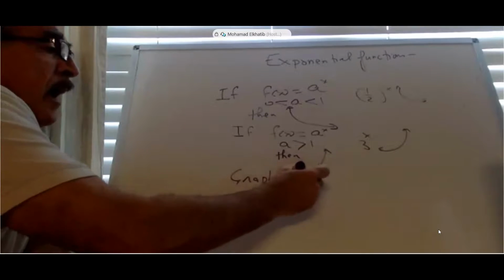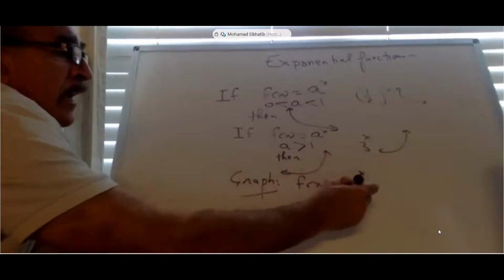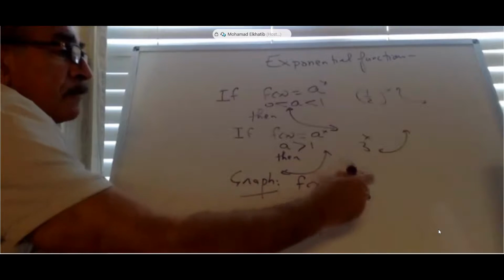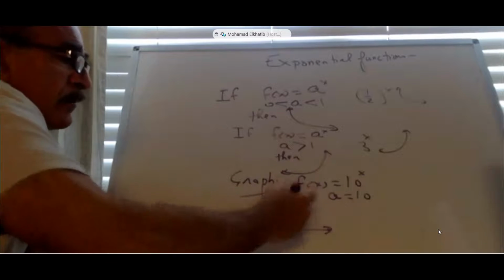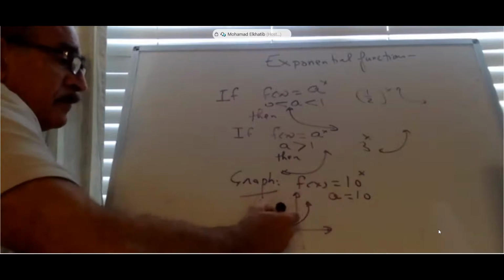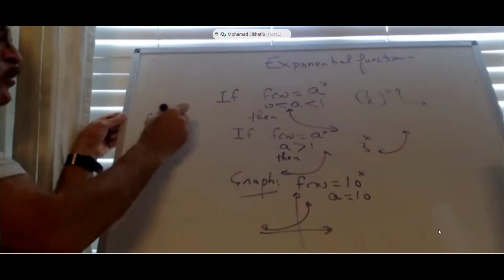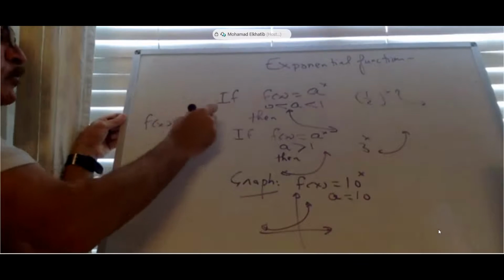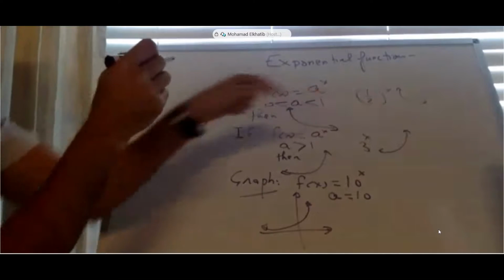So let's say this was on your homework: graph f of x equals 10 to the x. How much is a? 10. Since it's larger than 1, you don't have to graph it at all. The graph is going to look like this. Then they tell you graph f of x equals 1/4 to the power x. A is 1/4, between 0 and 1.